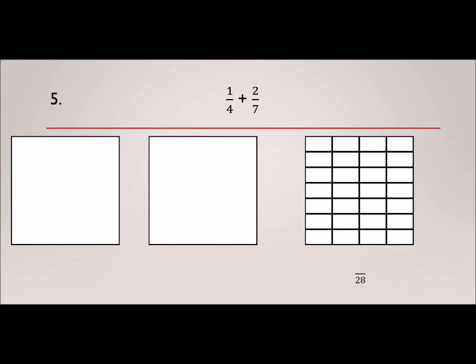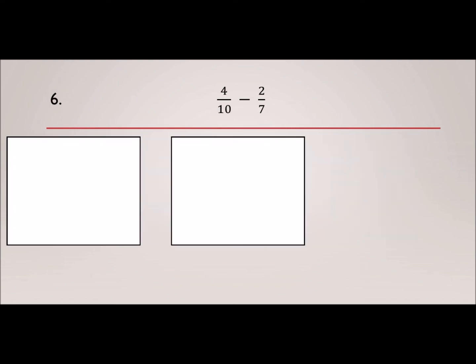So of the 28, the first box should have 7 pieces that are shaded, and the second box should have 8 pieces that are shaded. So together, the 7 plus 8 should give us 15 out of 28. Did you get the right answer? Good. Okay, let's try number 6 now.